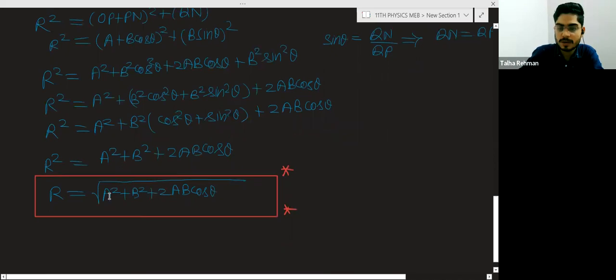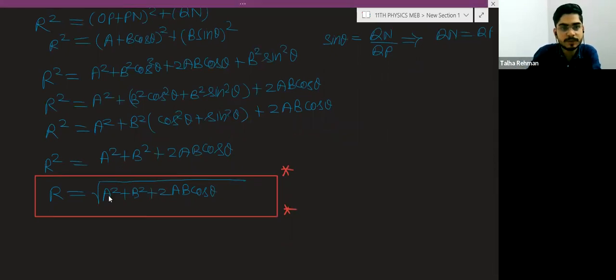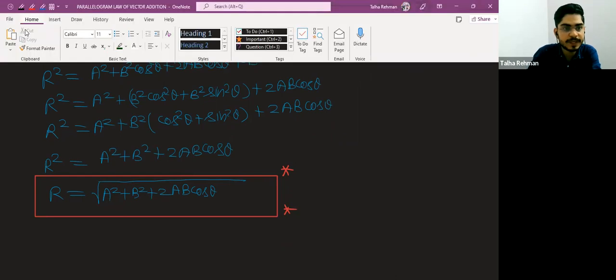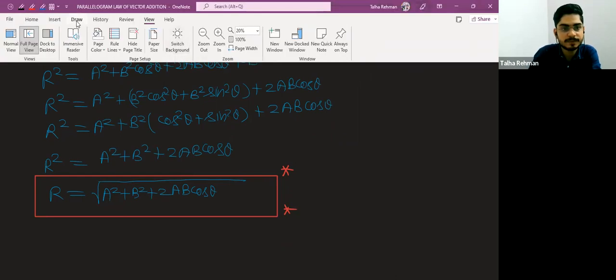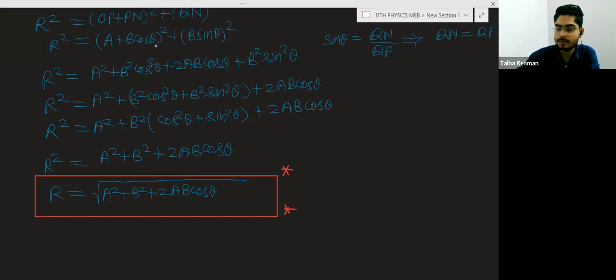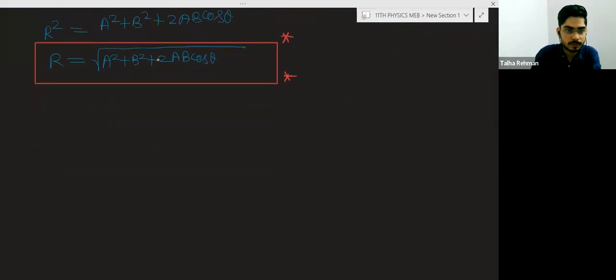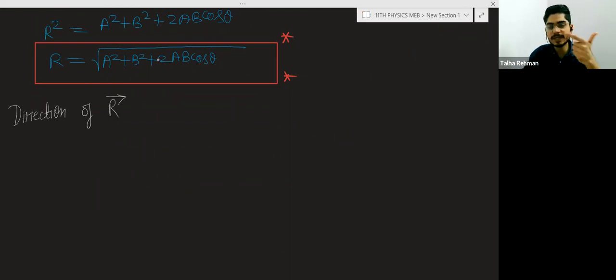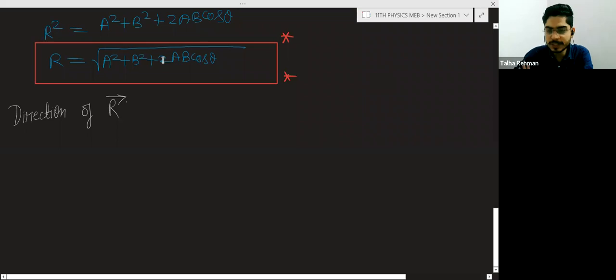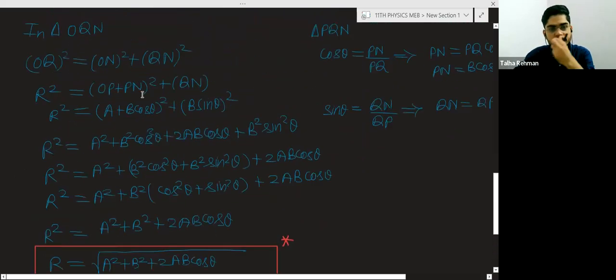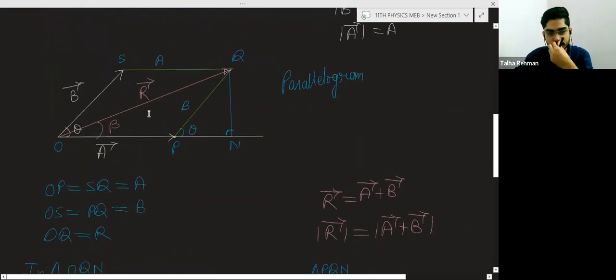Now, direction of the resultant vector R. Direction of R vector, where R vector means the resultant of A and B. This also we will do with the help of this figure.